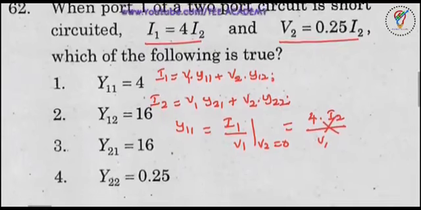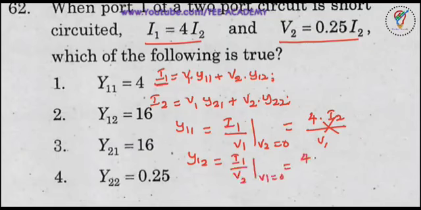Similarly, if you check all the options, I may choose the option Y12. So Y12 is nothing but I1 divided by V2, at V1 equals 0. I1 value, you know how much it is? 4 into I2 divided by the V2 value, which is 0.25 into I2.